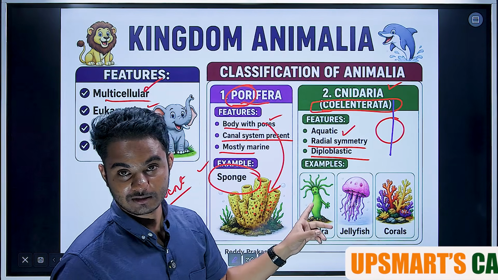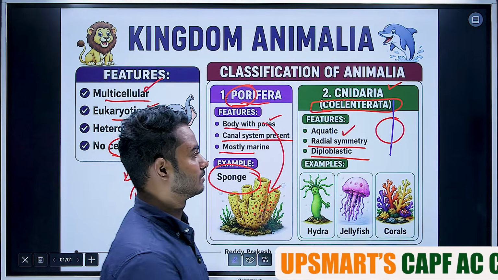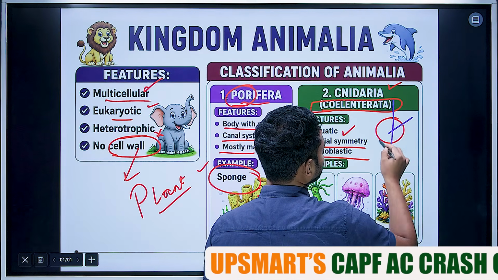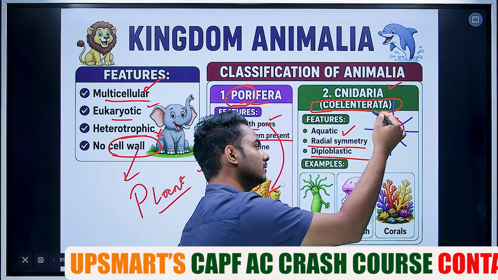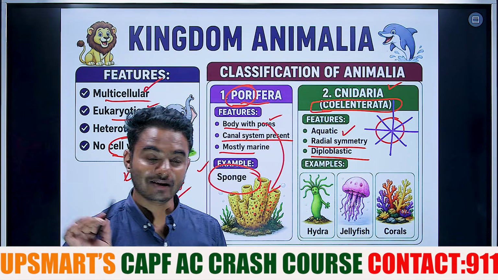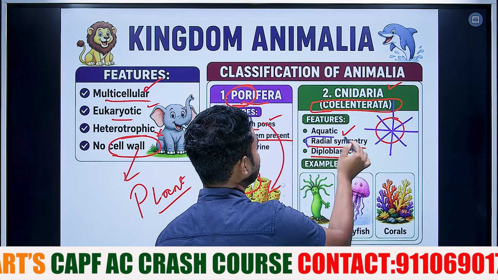But if you can cut the same organism in different planes into two equal halves, however you cut, it will become two equal halves, then it is called radial symmetry.